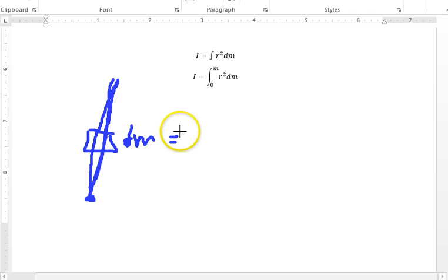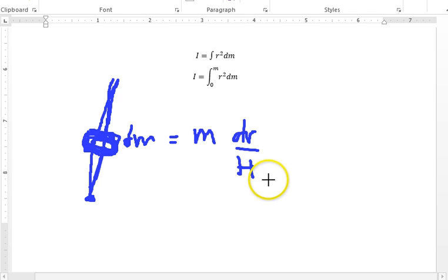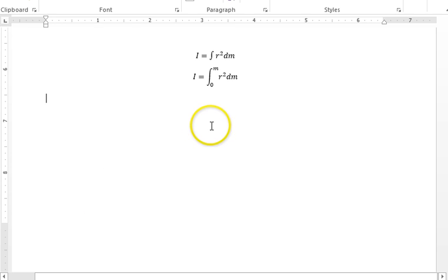If we look at the total mass, m, times dr over the height, dr over the height is the fractional length of this piece, the fraction that this little dm represents. So m dr over h is dm, that little differential piece of mass.